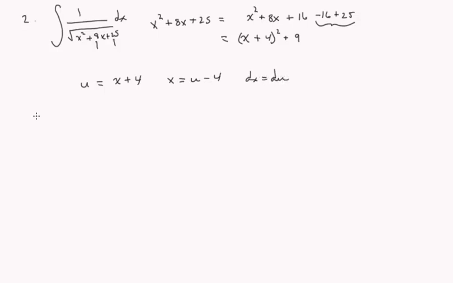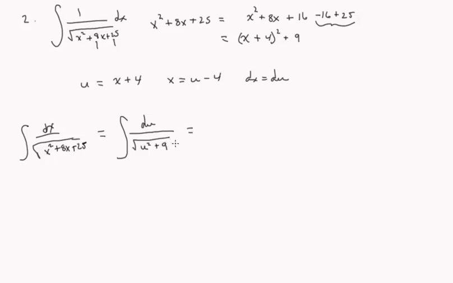Okay, so now the integral 1 over radical x squared plus 8x plus 25, ooh, that is sloppy, equals, let's take a look at this, that's the dx here, so it's going to be du over the square root of u squared plus 9.